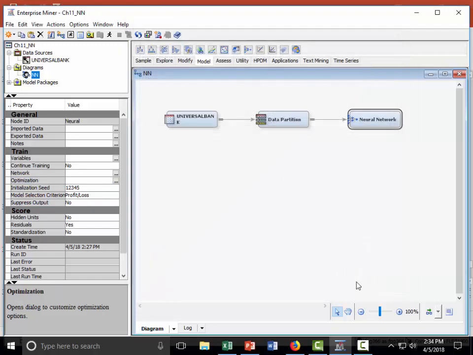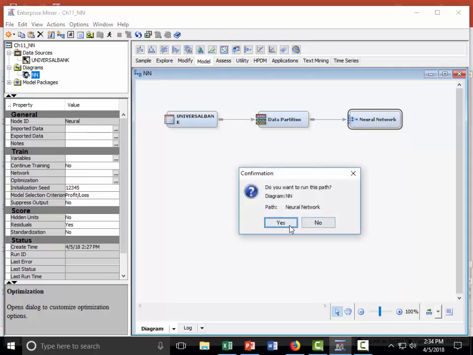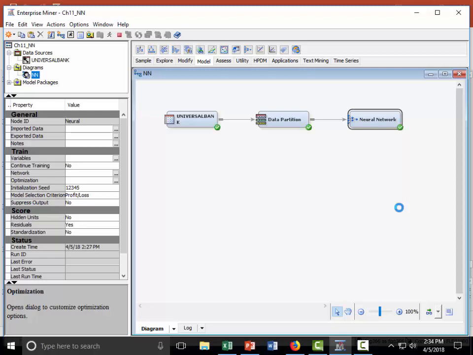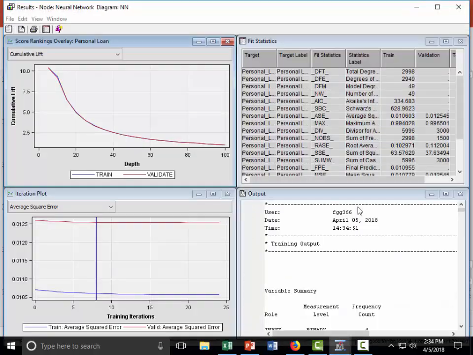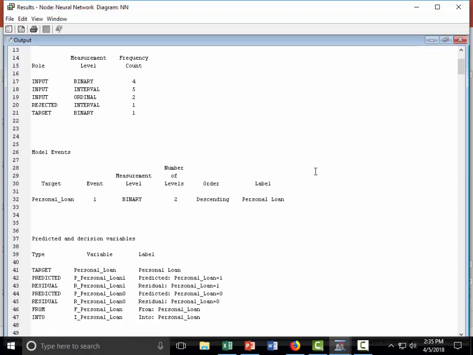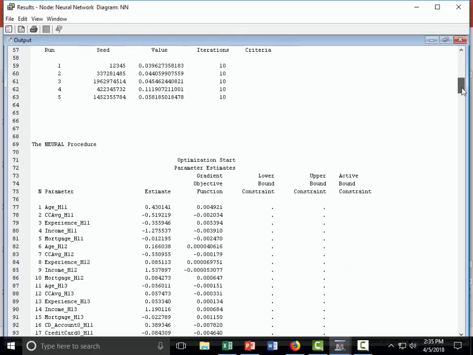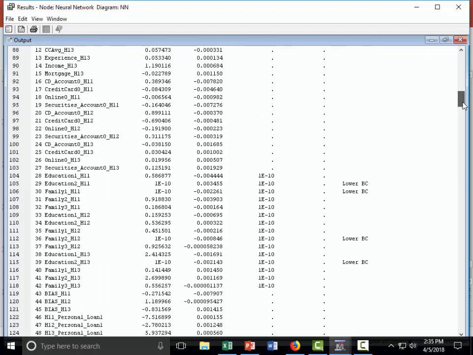All right, let's click OK. Now you run. Okay, let's look at the results. Here, personal loan, number of levels, can have a bunch of estimates, right?